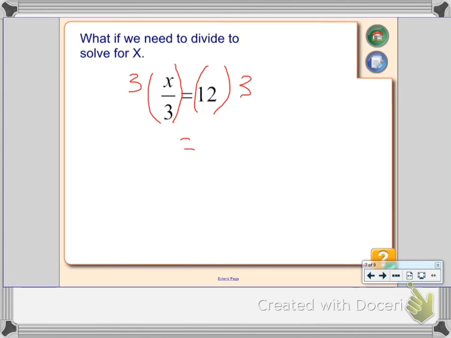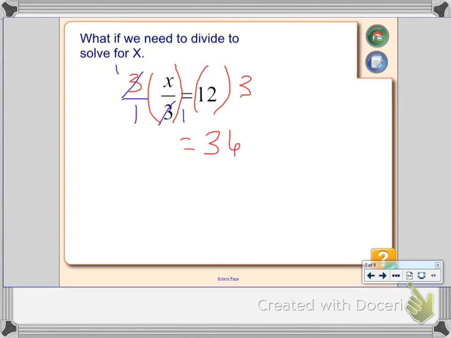On the right side of the equation, this is going to be easy. 12 times 3, all of you know, is 36. Now we've got 3 times x over 3. This is really the same as multiplying 3 over 1 times x over 3, and then we can cross cancel. 3 divided by 3 is 1, 3 divided by 3 is 1.